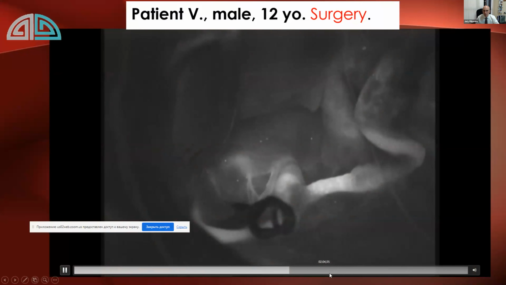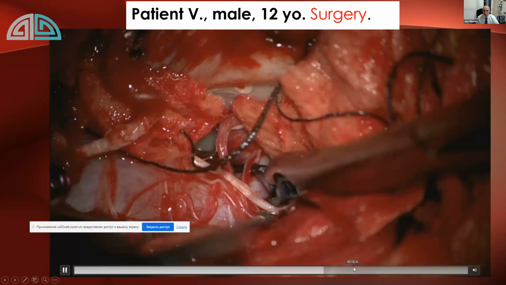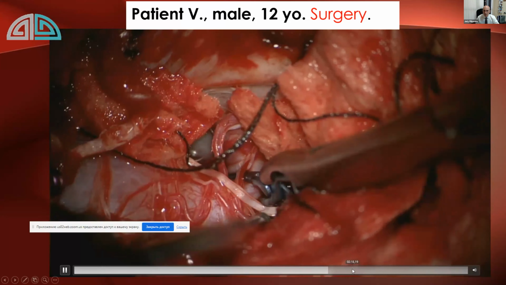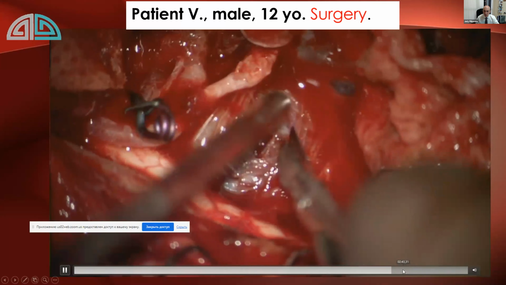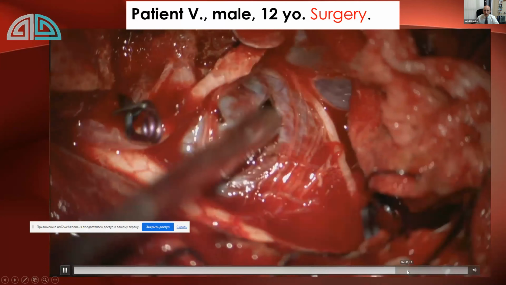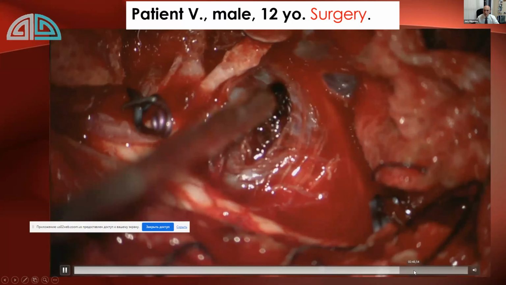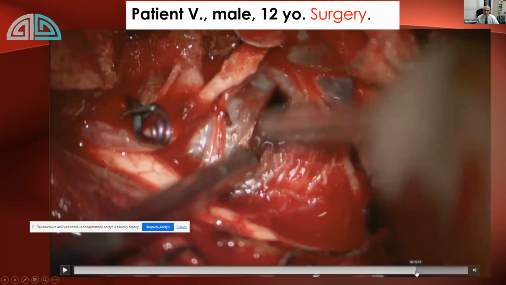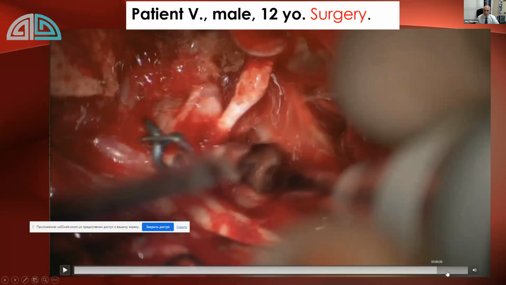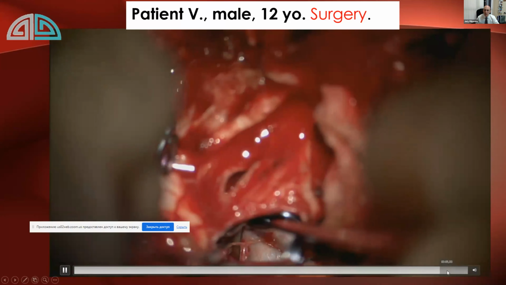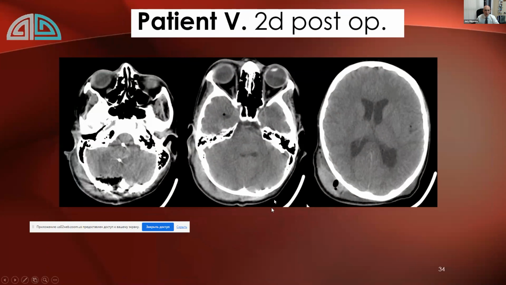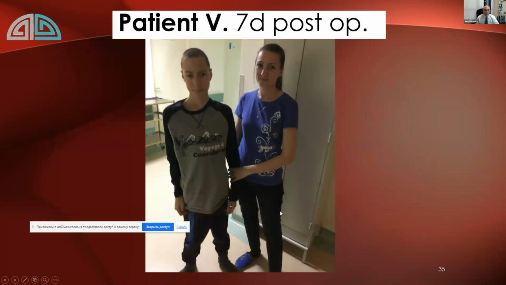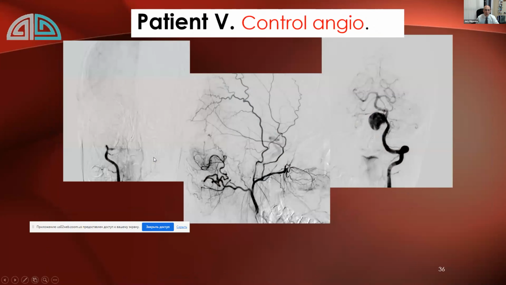After it, we performed trapping of the lower chamber by 2 clips. The aneurysm was opened and thrombus was removed from it. And after this, this is the result: first day after surgery, patient 7 days post-operative, and control angio.